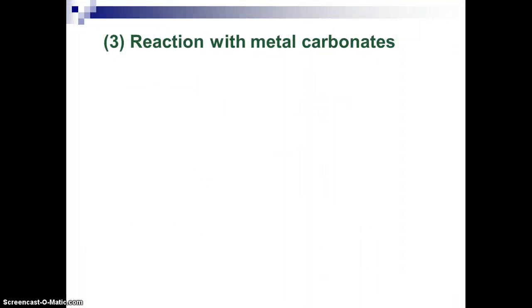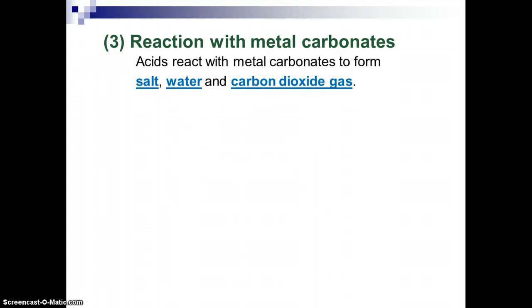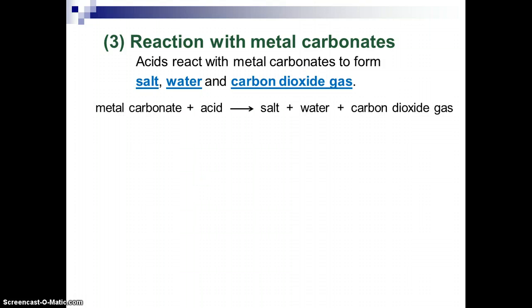Number 3, reactions with metal carbonates. Acids react with metal carbonates to form salt, water, and carbon dioxide gas. Metal carbonate plus acid gives you salt, water, and carbon dioxide gas.